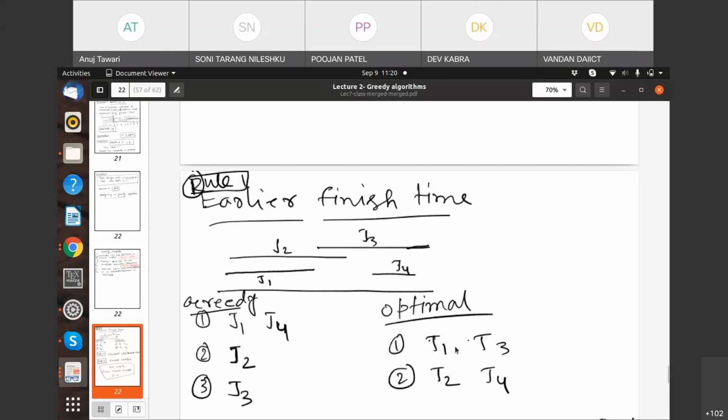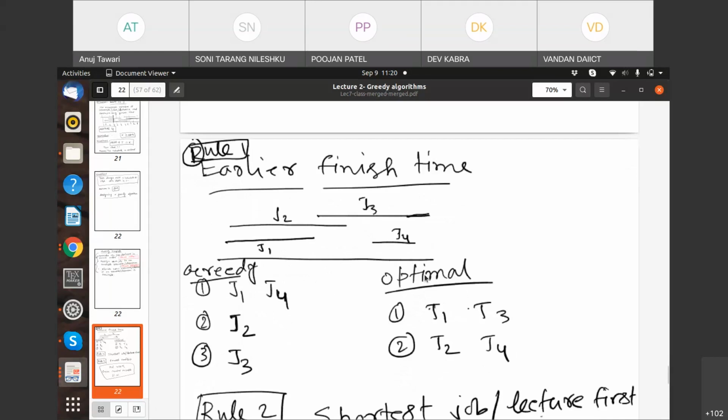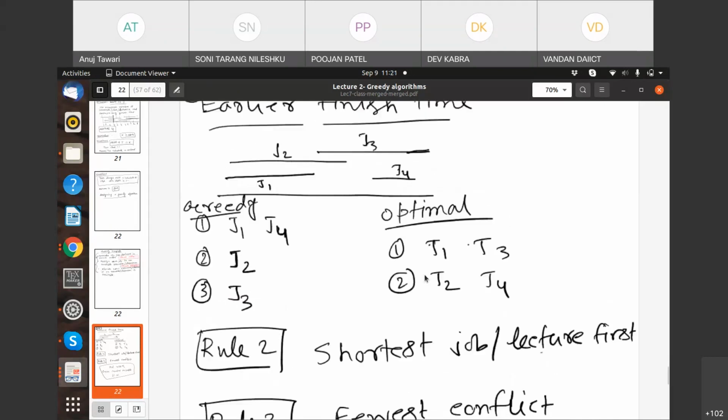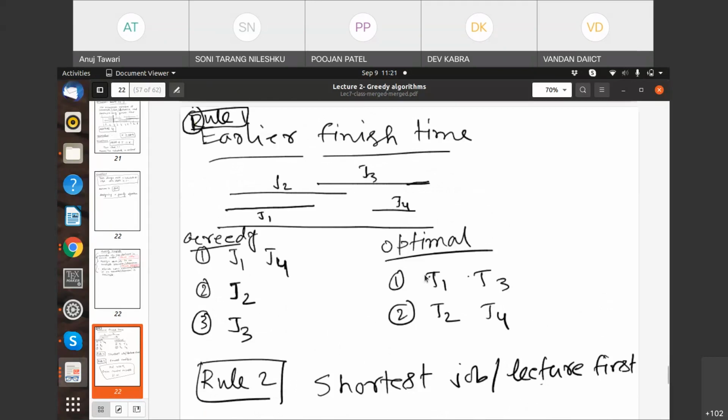But if you look at the optimal, it is different. J1 and J3 in one classroom, J2 and J4 in another. So this earlier finish time is not going to work.